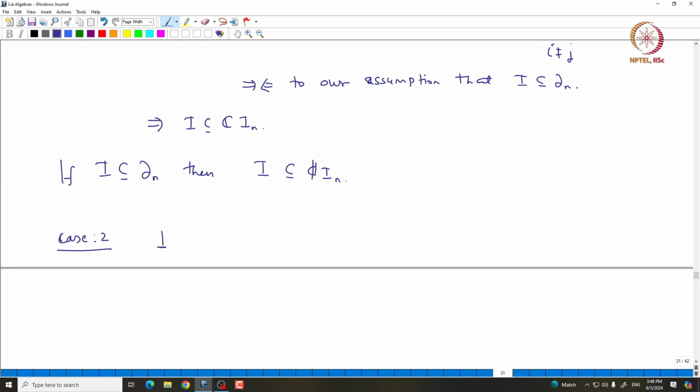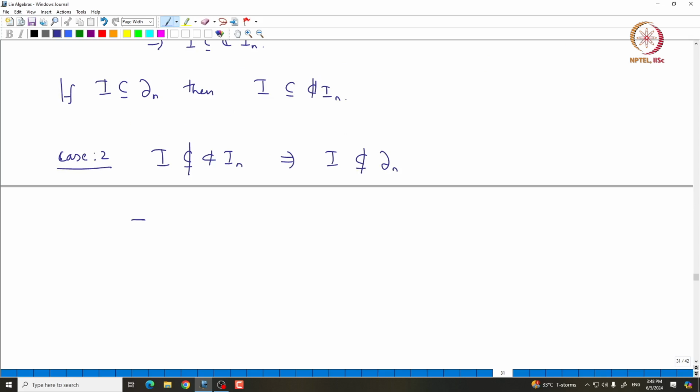Let us assume I is not contained in C times identity. If I is contained in C times identity, then we are done. So, let us say I is not contained in the one dimensional space spanned by identity. Okay. Then that would imply that I is not contained in D_n.